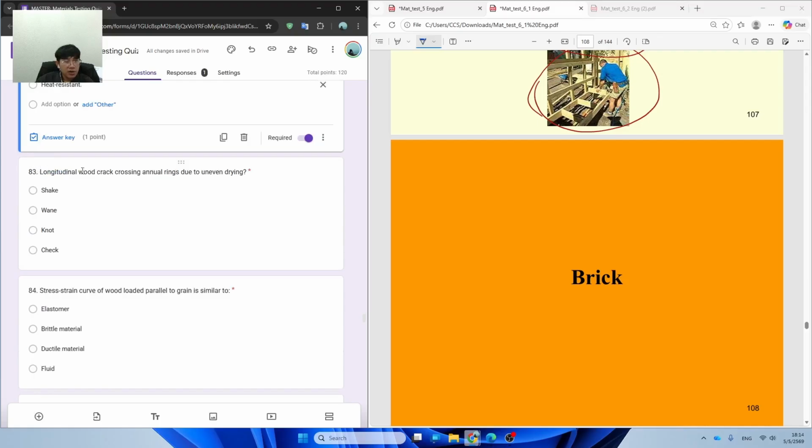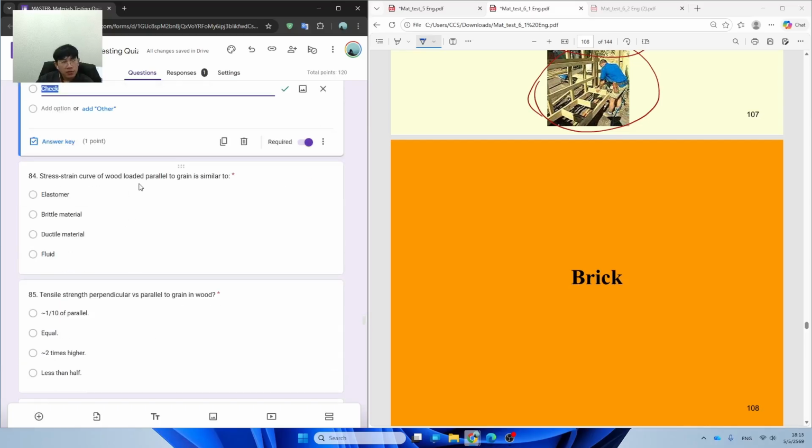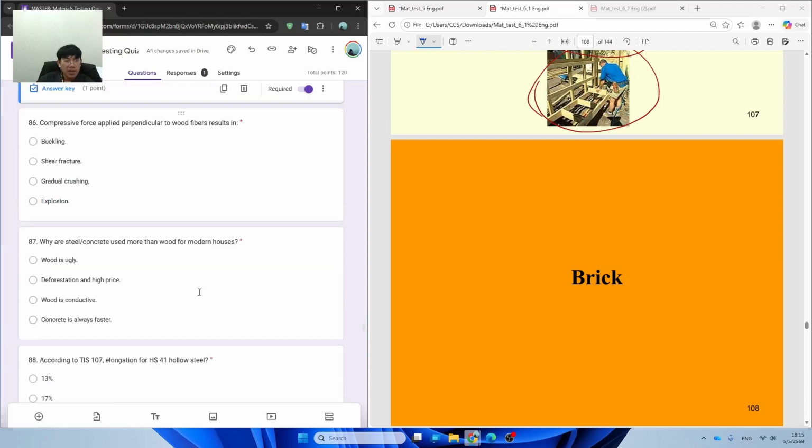And for the longitudinal wood crack crossing the annual ring due to uneven drying, it is going to be checked. And the stress curve of wood loaded parallel to the grain is similar to a brittle material. And for the one perpendicular to the grain, the tensile strength is going to be 10 times less than parallel to the grain. So it is 1 by 10.